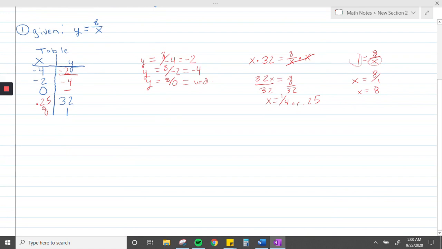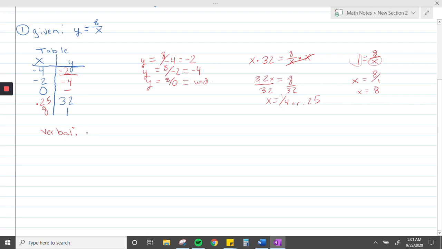Another way to write it would be a written description or a verbal description. So our verbal description might say something similar to, we have a graph, we have an equation and we have a table.